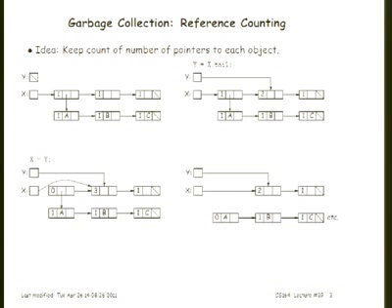Well, that obviously means that every time you assign a pointer into y, you must look at two things. One of them obviously is the pointer you're storing in there, and you have to indicate that the object you're pointing to now has an extra reference.